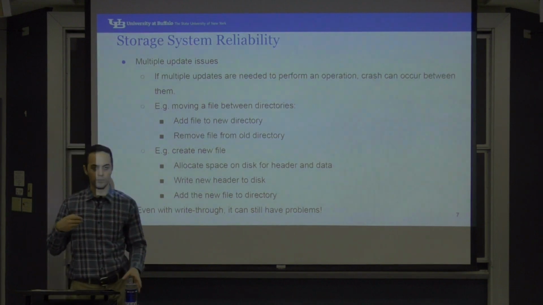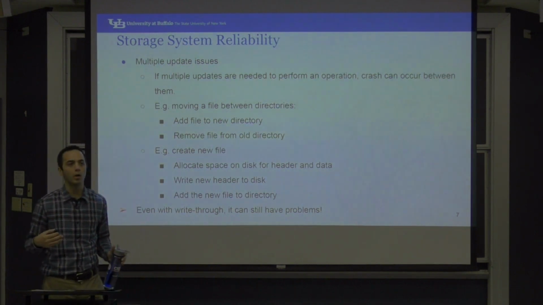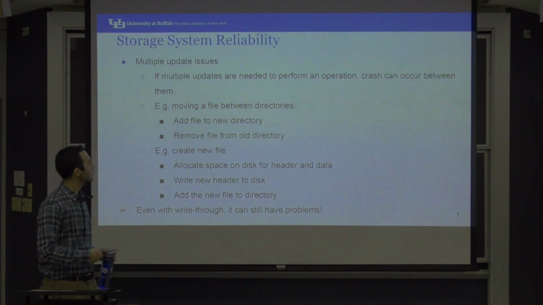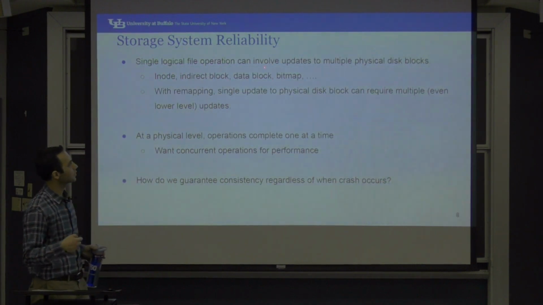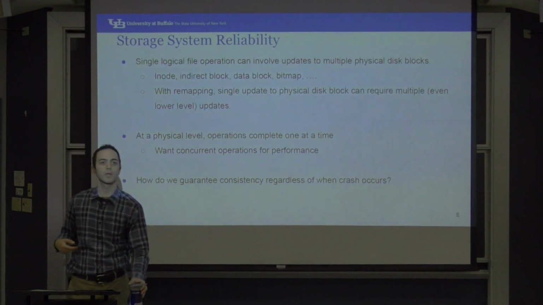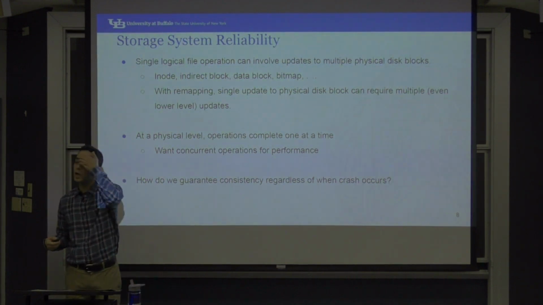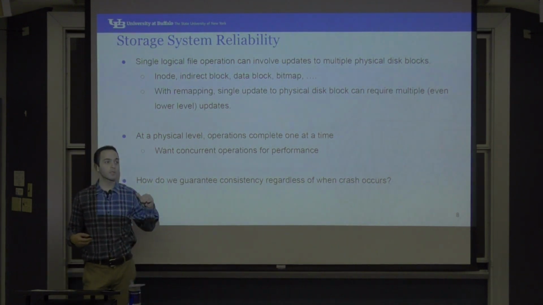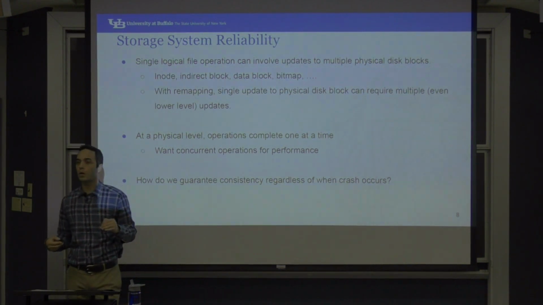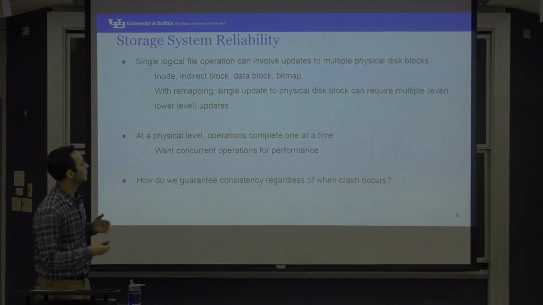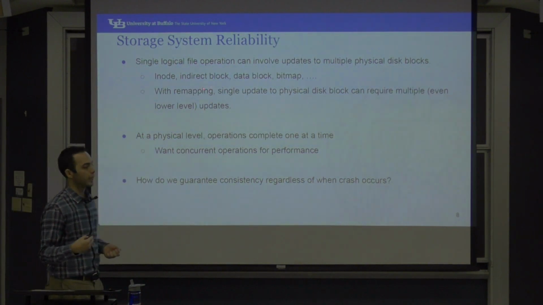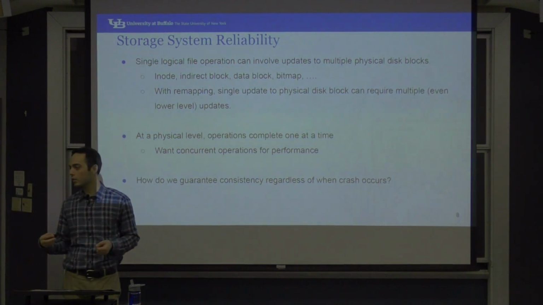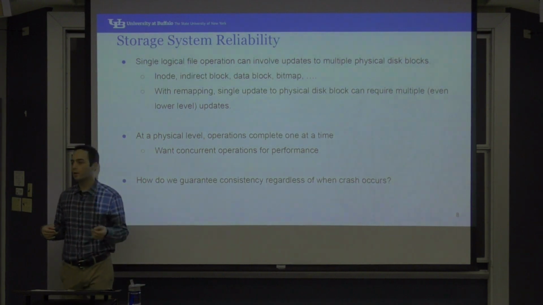And even with a write-through scenario, there are multiple steps at a lower level that happen that the operating system doesn't know about, right? So this can even get worse. A single logical file operation can involve updates to multiple physical disk sectors or disk blocks. Up to some point, the operating system can know. So whenever you're modifying a file, there are things that the operating system handles, like the inode, the data blocks and headers, whatever, the metadata.